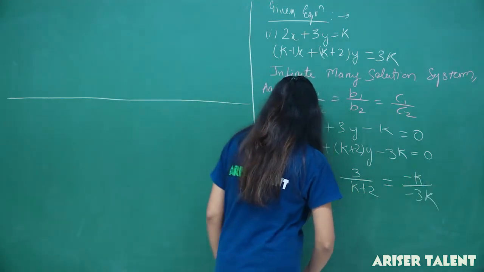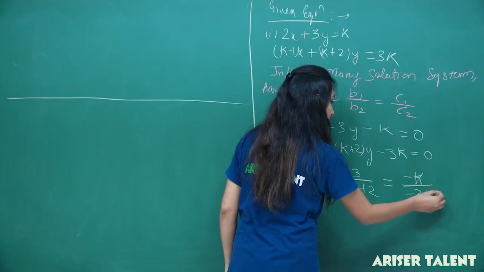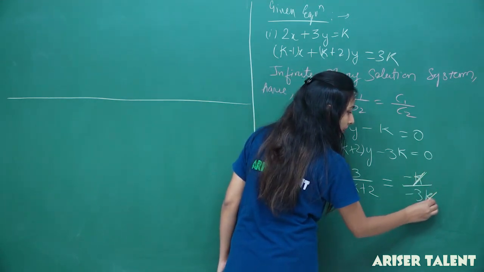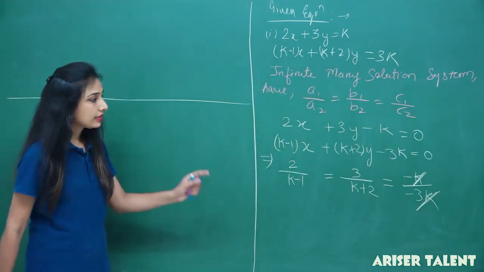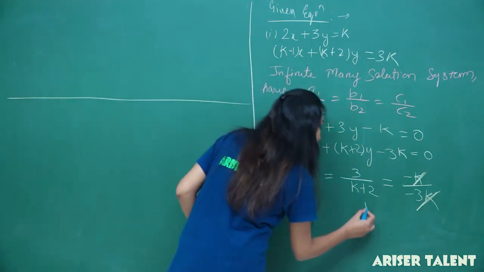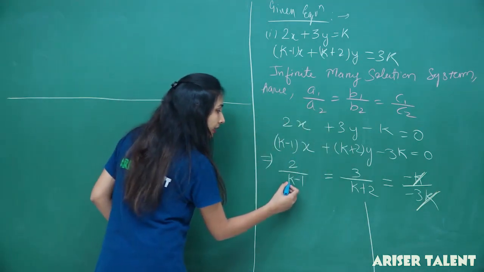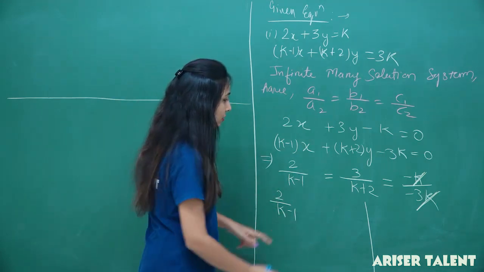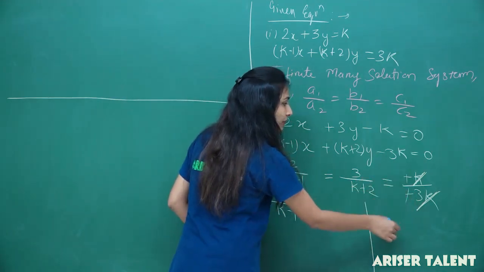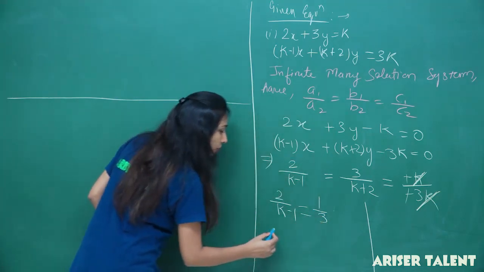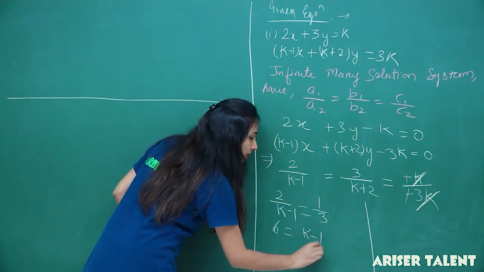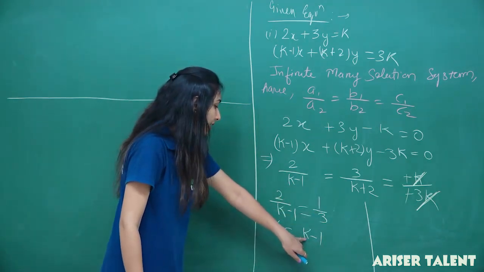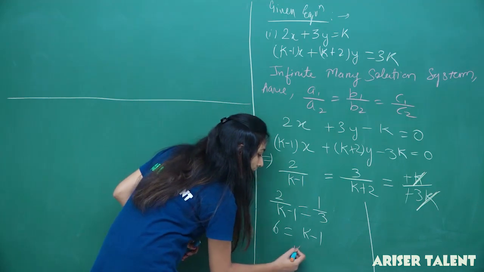Okay, so cut this k with this k, they are similar. The minus signs also cancel, so we get 1 by 3. Here 2 by (k plus 1) equals 1 by 3, so 6 equals k plus 1. If 6 equals k plus 1, what will k be? k equals 5.